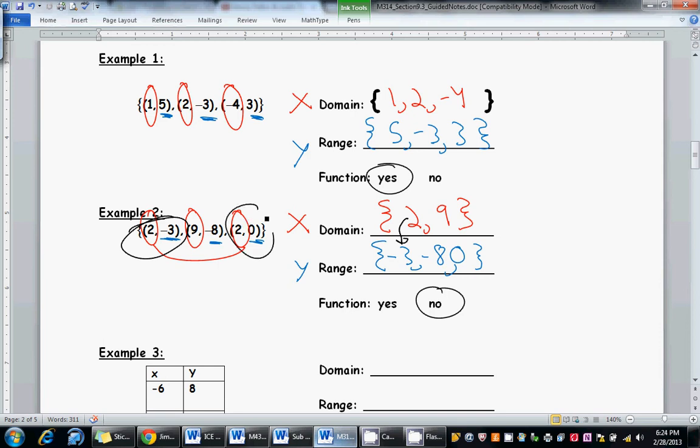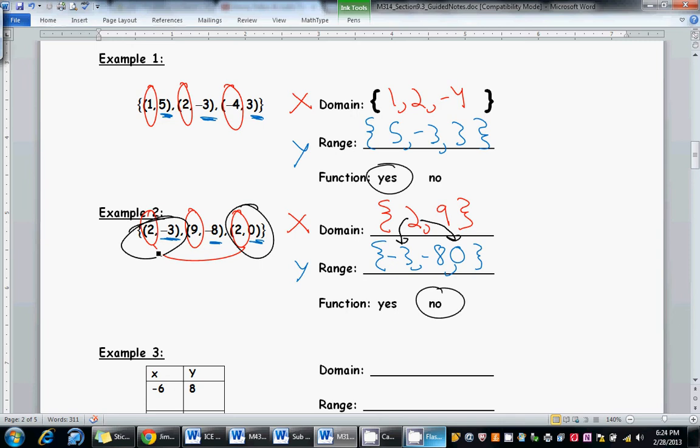But then again, I input 2 into my function, and then I got 0. This is one input having 2 outputs. This is not a function. Not a function. This is a big no-no for us.